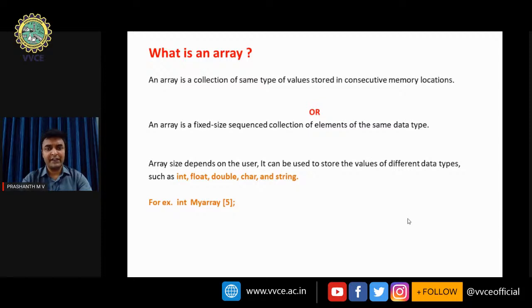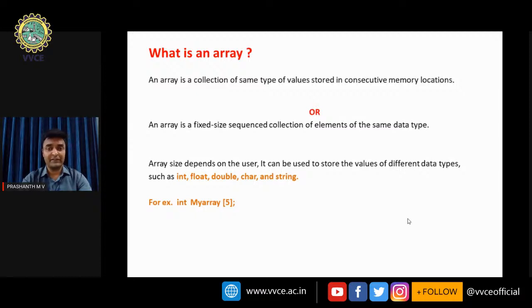So there is no need to give different variables each time. By using one single array name, we can store the same type of data in our memory locations. The array size may be anything.